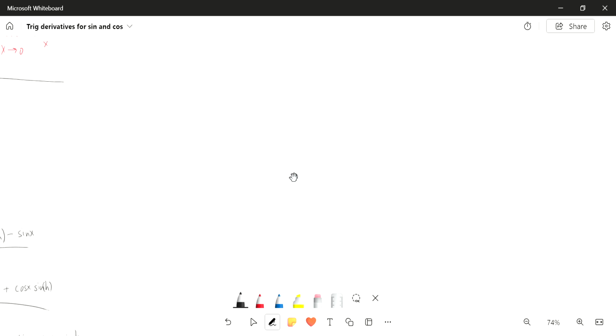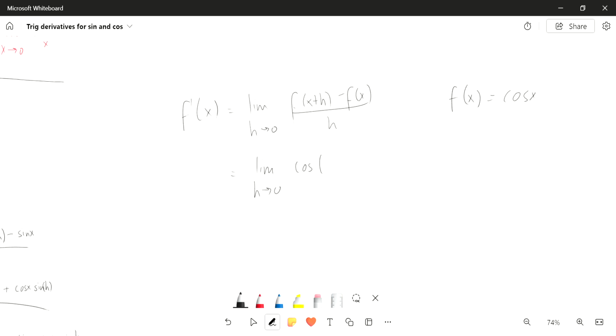Okay, now that you made your prediction, let's start with the limit definition again. So we have the limit of f of x plus h minus f of x all over h as h approaches 0. And this time, f of x is cosine x. So now what we need to do is write this limit again.